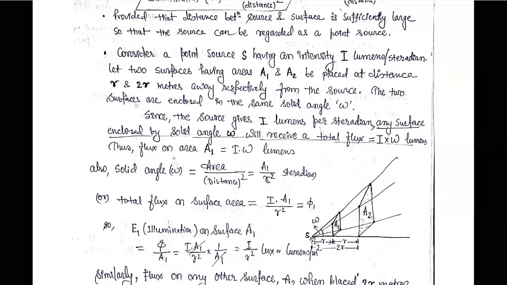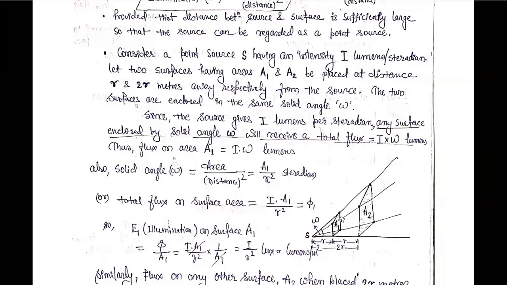तो इसमें क्या होता है, अगर हम लोग इस फर्स्ट सरफेस को कंसीडर करते हैं, जिसका कि एरिया A1 है, और हम लोग कंसीडर करते हैं कि सोर्स जिसका कि इंटेंसिटी है I lumen per steradian, और सॉलिड एंगल है omega, this omega is the solid angle and I lumen per steradian is the intensity. Then the total flux on this area will be how much?